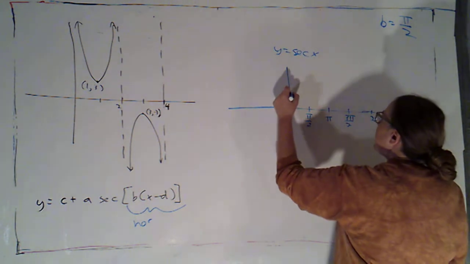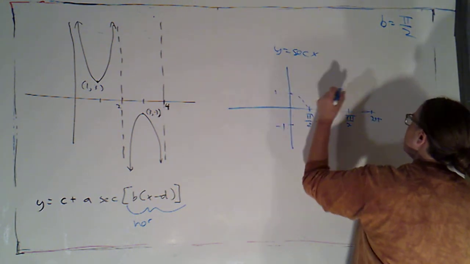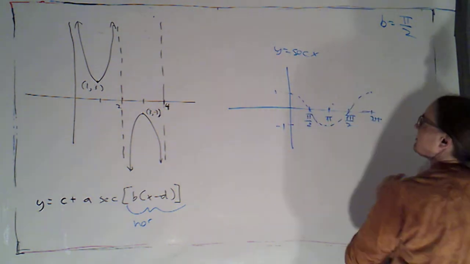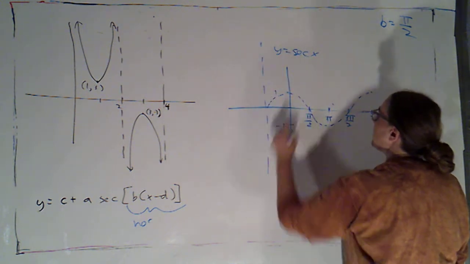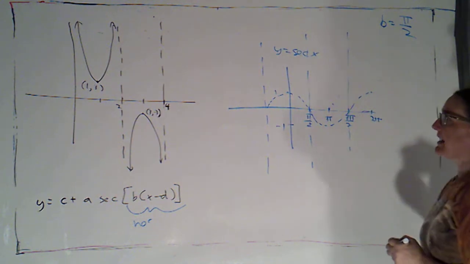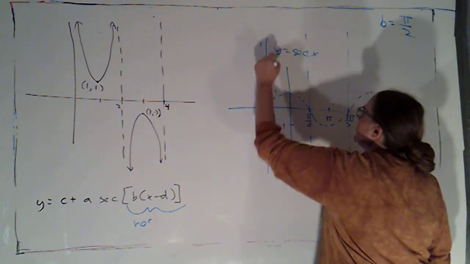Okay. I'm going to start with my nifty cosine graph. Whoops. Start with my nifty cosine graph. Okay. And of course, I would want to extend it so that I can start and end at an asymptote. Okay. And then I would flip the bumps.